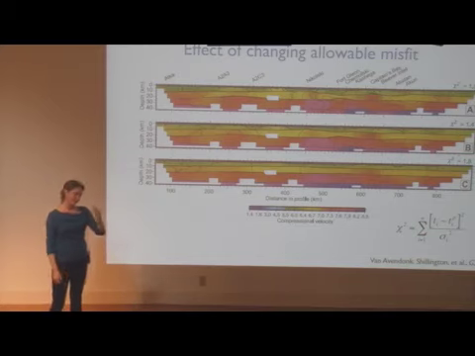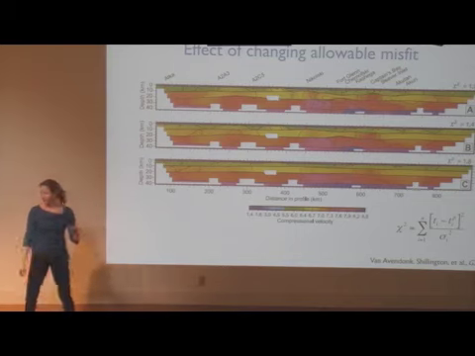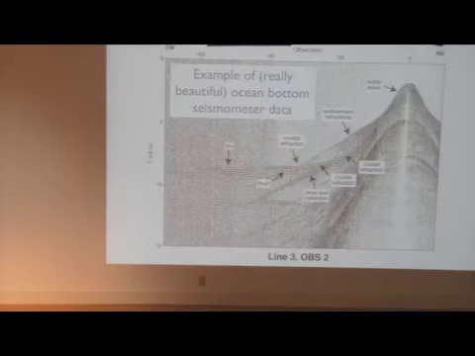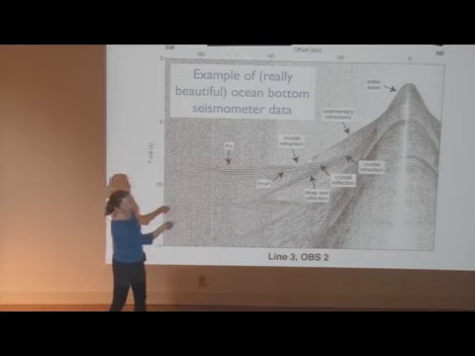Because one of the most common sources of uncertainty in making a travel time pick on these data is, let's see if I can find a good example. You can broadly see, oh, this is my refraction, but is it cycle skipping?